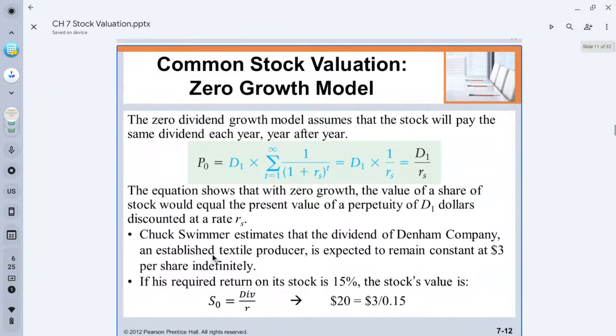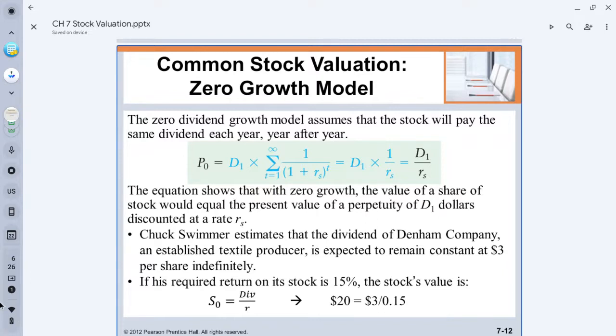But in here, this adjective has a very crucial role because it is a clue that this company is not going to grow, right? Why? Because an established company is a mature company, and what is a mature company? A mature company has very little room for growth.